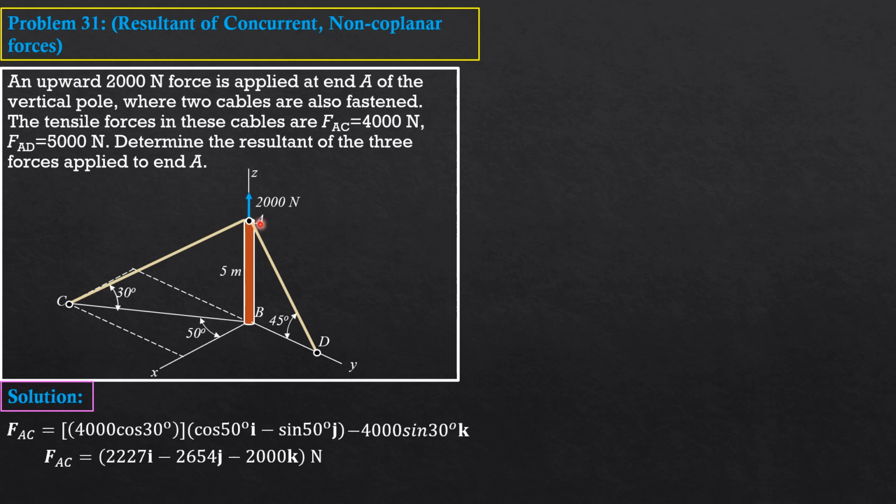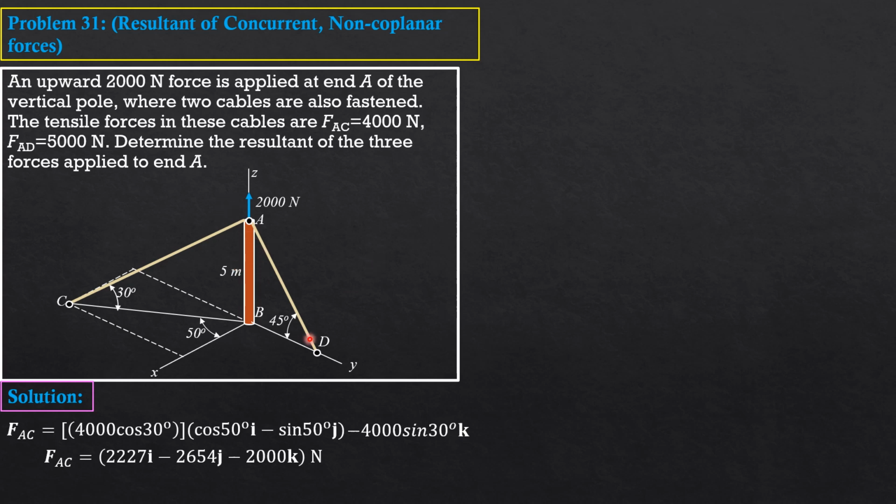Then for FAD, if this is 45 degrees, this is also 45 degrees. It has only Y and Z components. The Y component is positive in that direction, and the Z component is downward, therefore it is negative. And remember, this is 45 degrees.